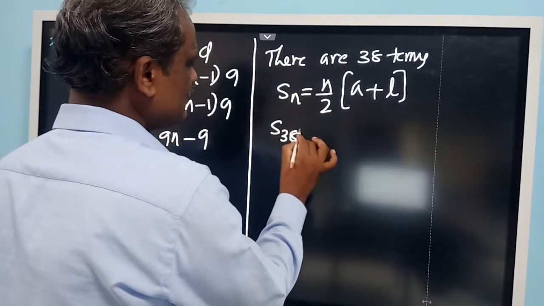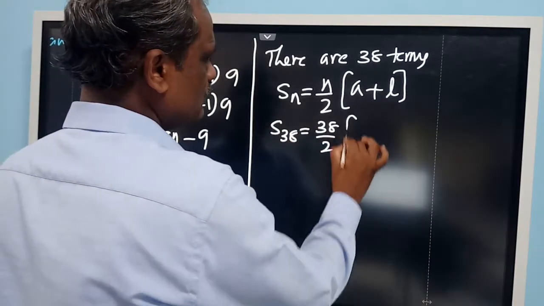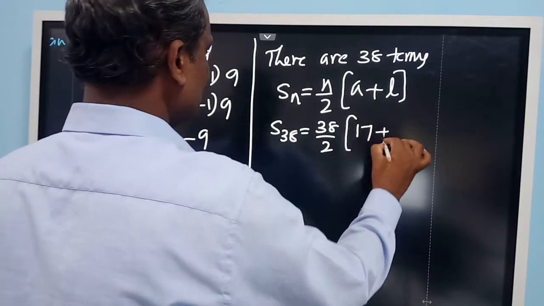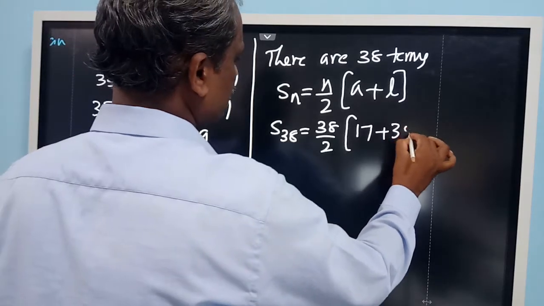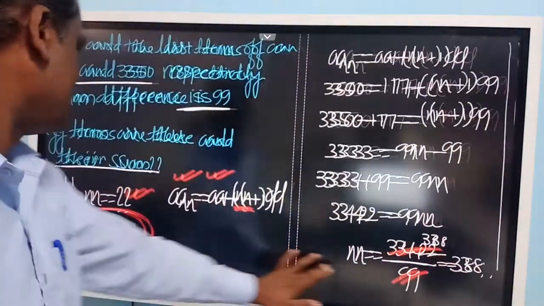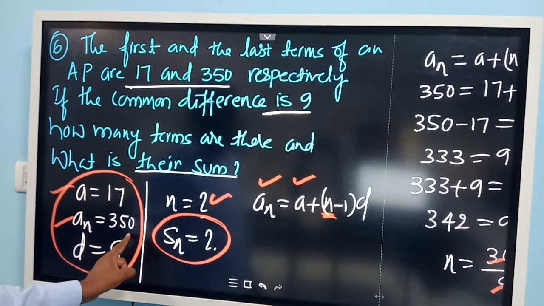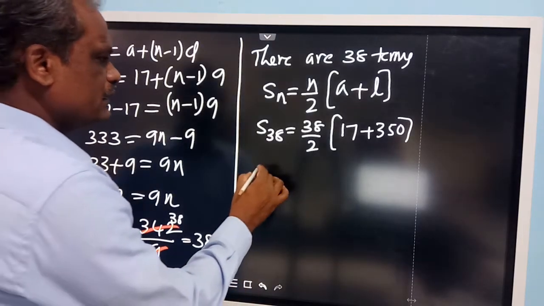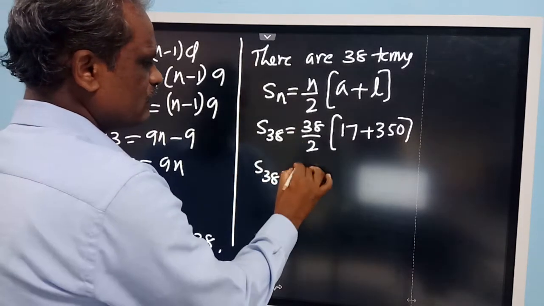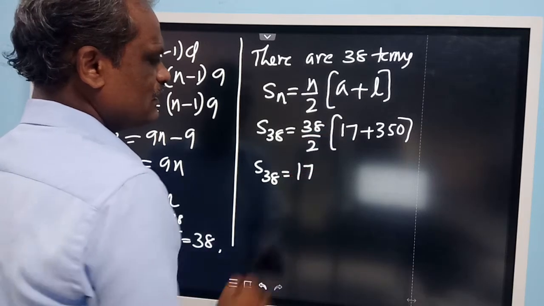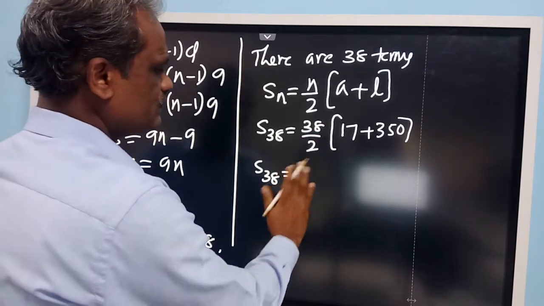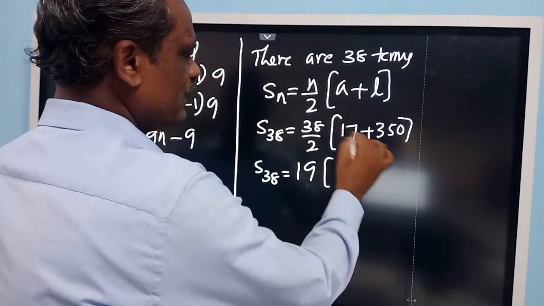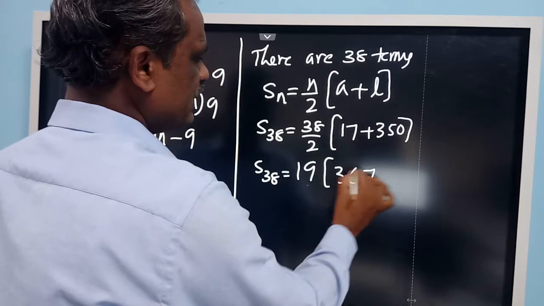So S38 is equal to 38 divided by 2, into a plus l. The first term of this progression is 17, and the last term is given, 350. So a plus l is 17 plus 350, which is 367.